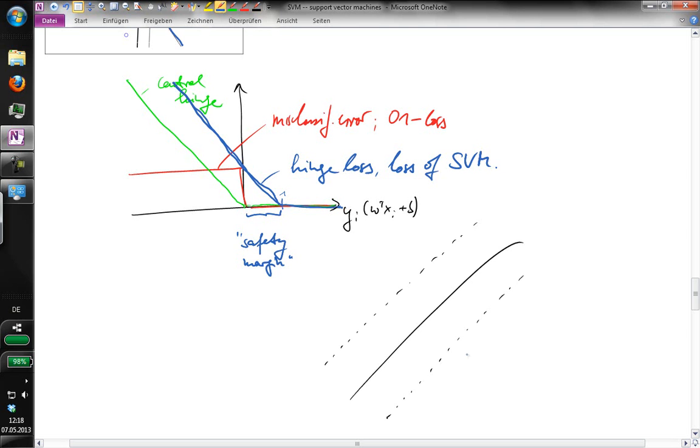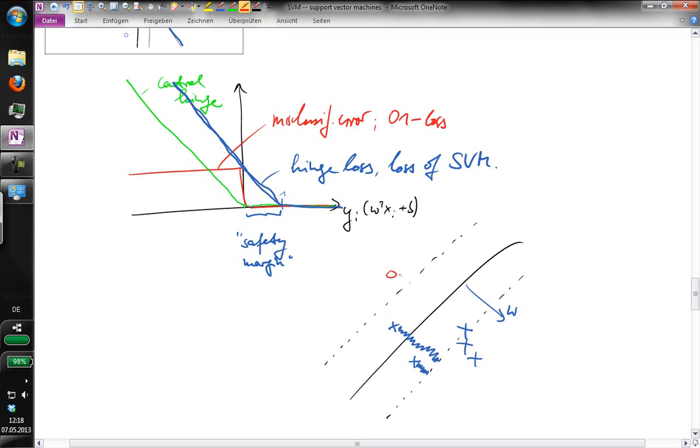And if I now have here a member of the class plus, and let's say my vector is pointing in this direction, here I pay no error, here I pay no error, on the margin I pay no error, but as soon as I invade the margin here, I start paying an error for this distance here. And if I'm further away from the margin, I have to pay more and more of this error. And vice versa for the other class.